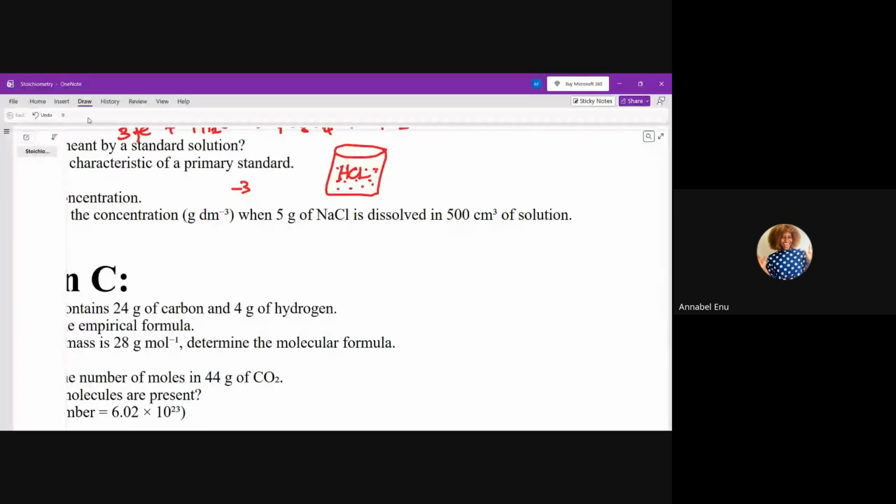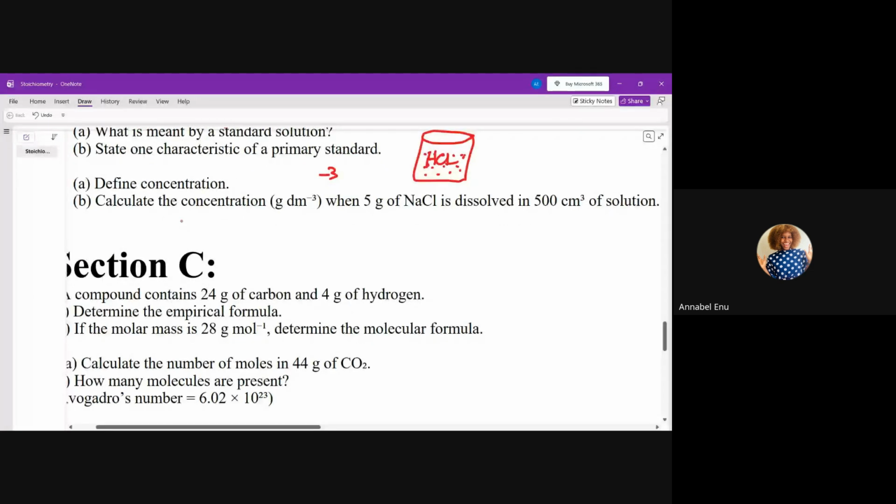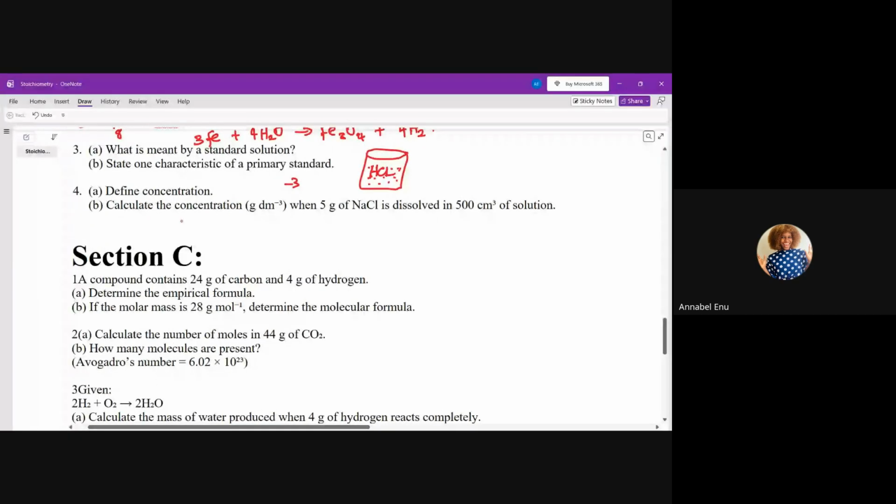Now, that's question 4. The question asks us to find the concentration, and the unit is given here, gram per dm cube.